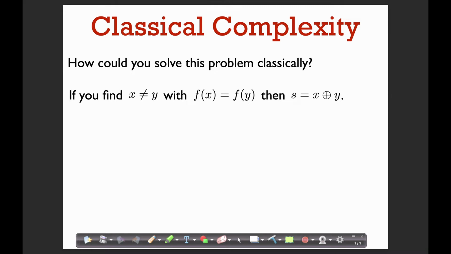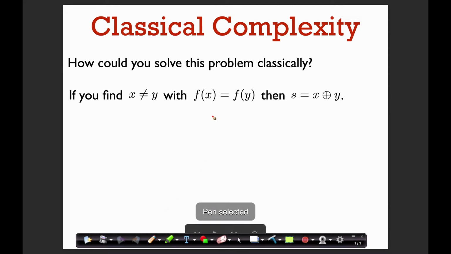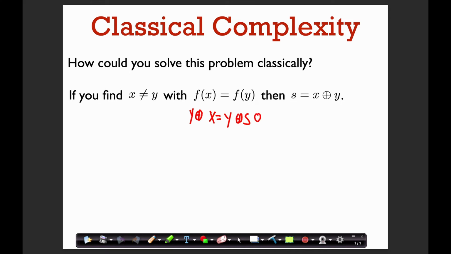And if x is equal to y XOR s, well then if I just XOR both sides of this equation with y, then y XOR y is just the all zero string. So I'm just left with s here. So basically we can reduce the problem to just trying to find an x not equal to y with f of x equals f of y.